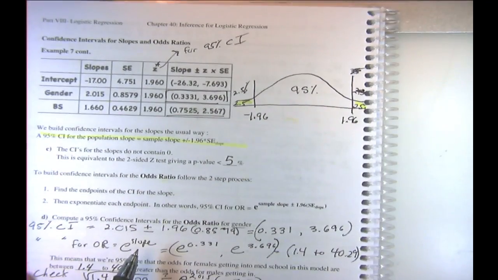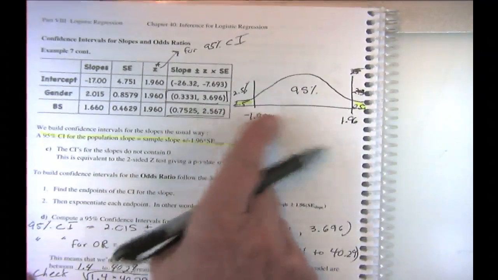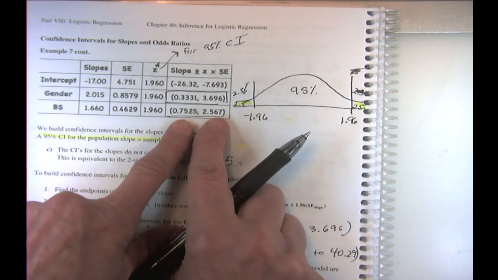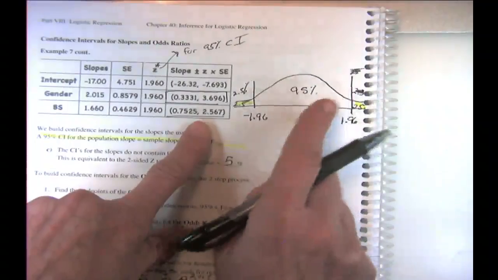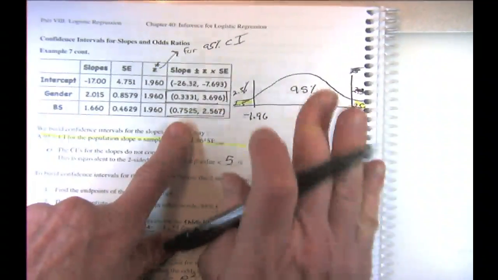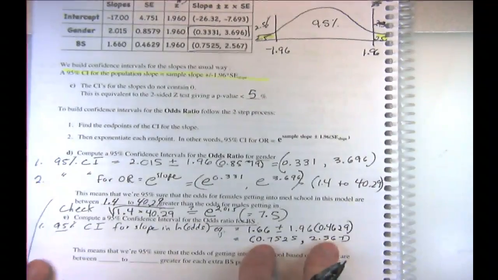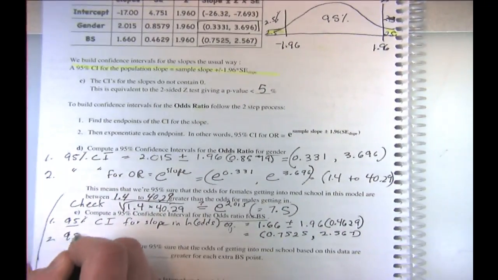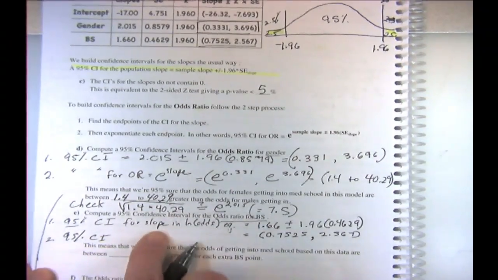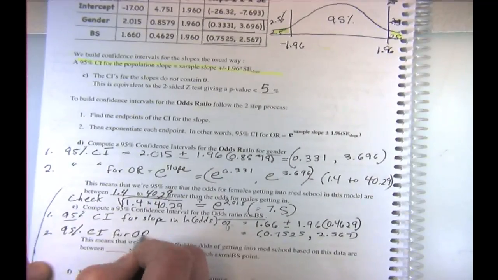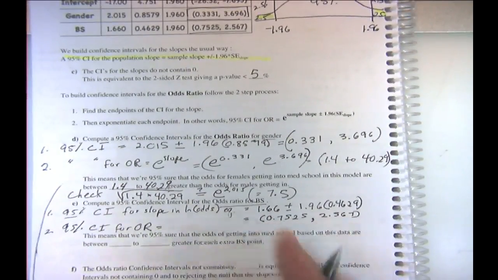Okay, so now that's what we've got here. But when we exponentiate these, if 0 was in there, e to the 0 is 1. So it means that the odds ratio wouldn't include 1. The 95% confidence interval, not for the slope in the log odds, but for the odds ratio, is equal to, and then you just exponentiate those two.